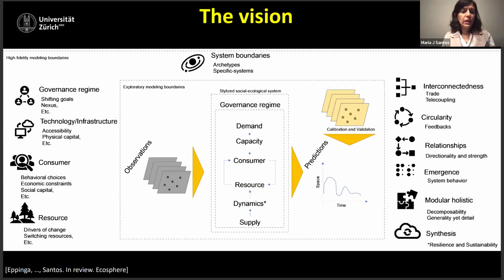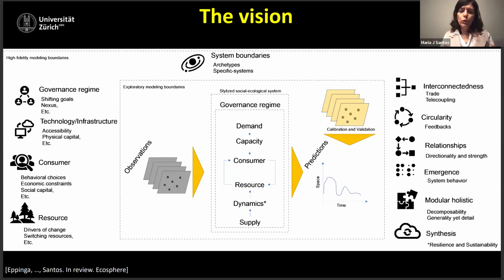So if we think about a vision, we might start with a stylized social ecological system like the one I showed you in the previous slide, that is fed by observations like those obtained in PANGEA from remote sensing and other types of sensing, and use these same observations to calibrate and validate predictions of the social ecological system behavior.